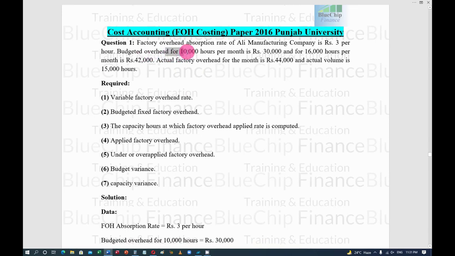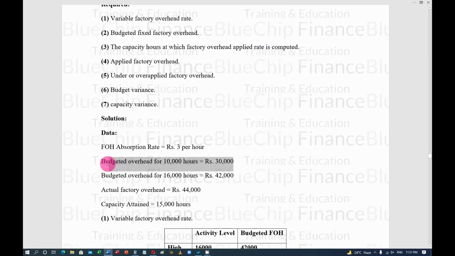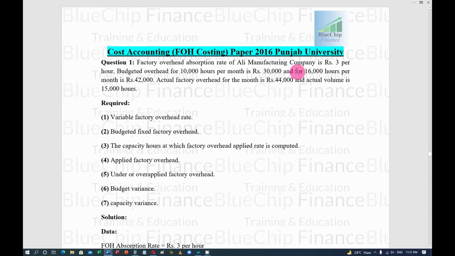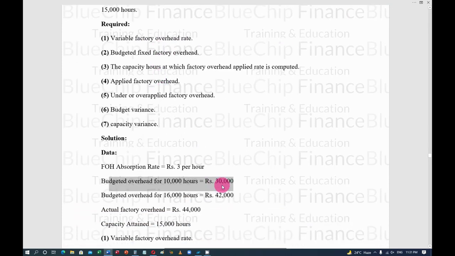Budgeted overhead, budgeted FOH at 10,000 hours is 30,000, and budgeted FOH at 16,000 activity level is 42,000. So the activity at which budgeted factory overhead is 30,000 is 10,000 hours, and the activity at which budgeted FOH is 42,000 is 16,000 hours.